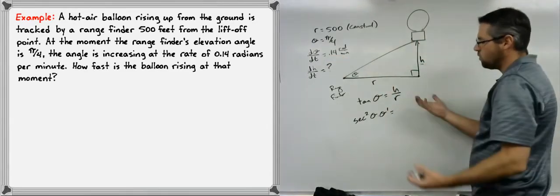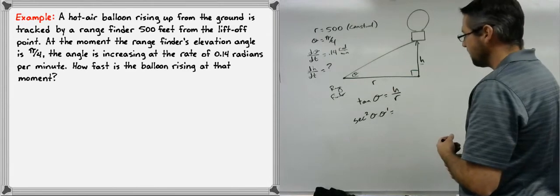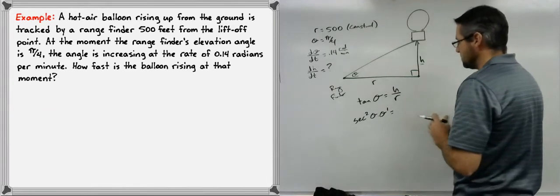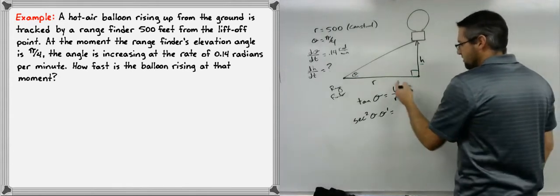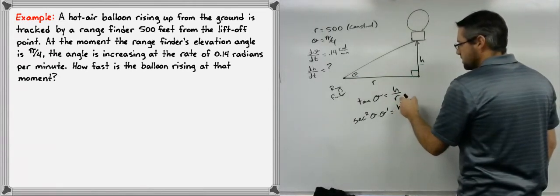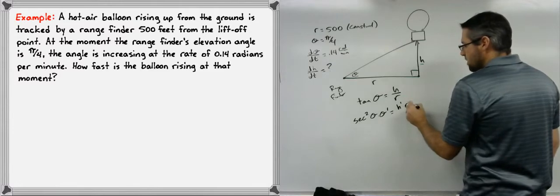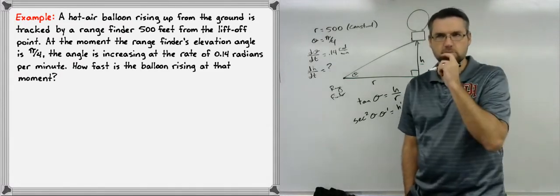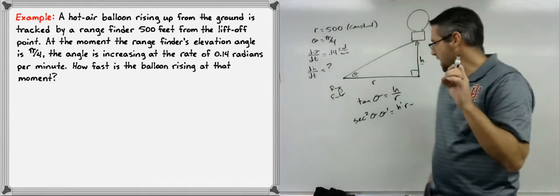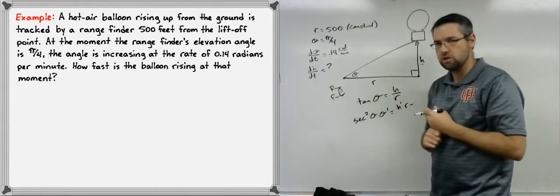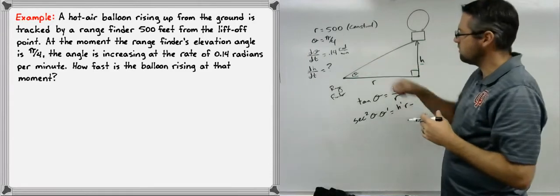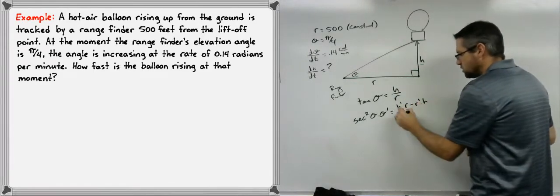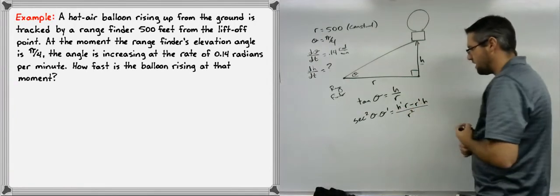On this side, we can apply the quotient rule, but here's where it gets interesting, because remember what r is. R is a constant. So the derivative of h would be h prime times r minus r prime times h over r squared. What is the rate at which r is changing? I didn't write that down. I don't have that over here. I'll go ahead and do that for now.